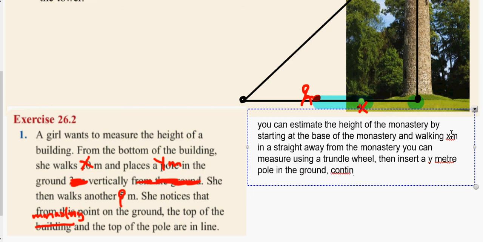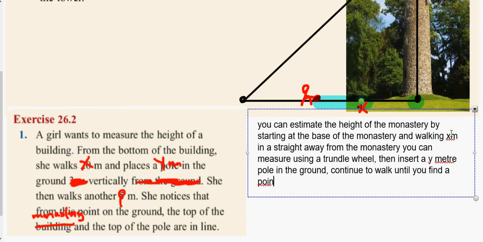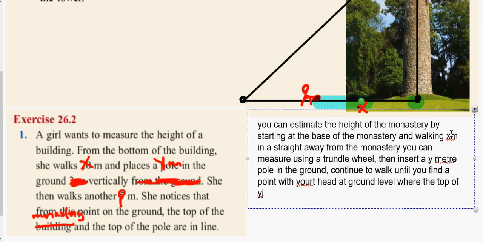Continue to walk until you find a point on the ground with your head at ground level where the top of the monastery, the top of the pole, and the top of the monastery are in line.